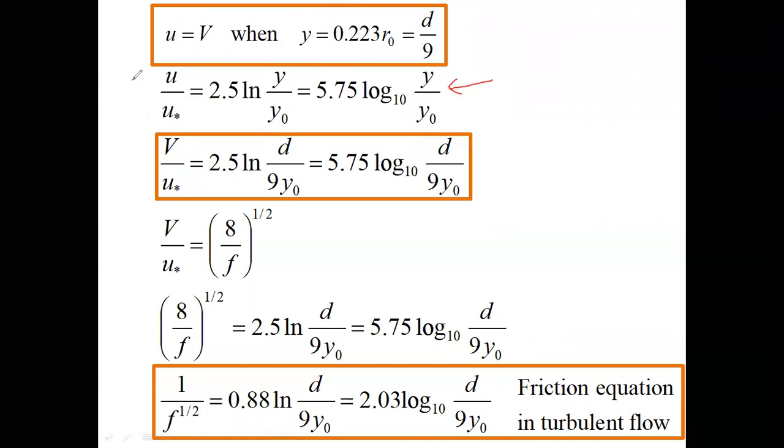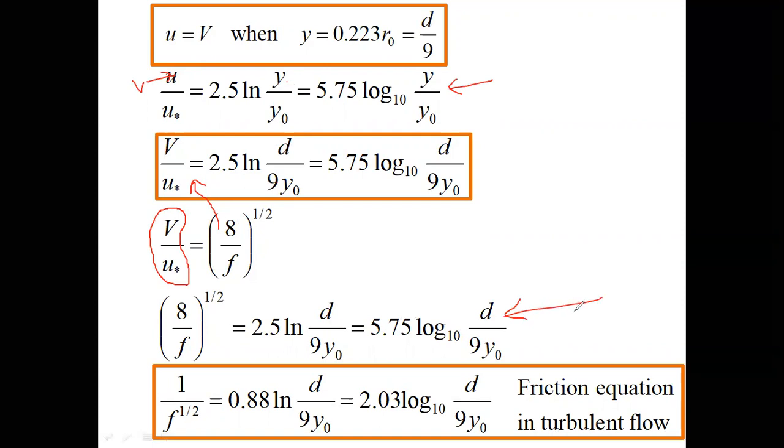We can substitute v there instead of u. Then y becomes d over 9. Then we know from the previous slide that v over u star equals square root of 8 over f. If you substitute this term there, you will get this equation.